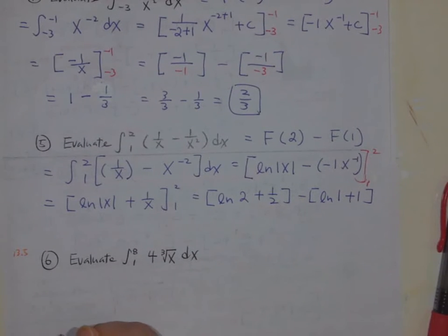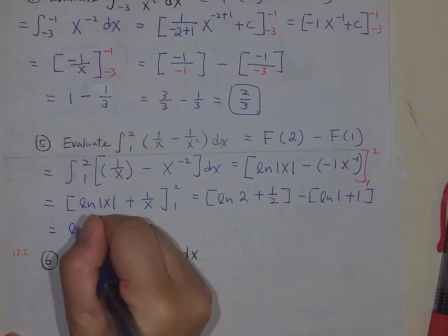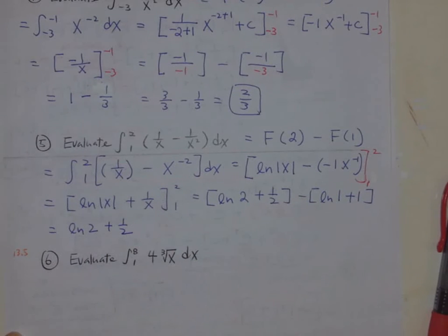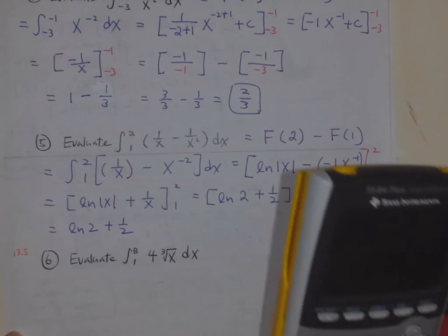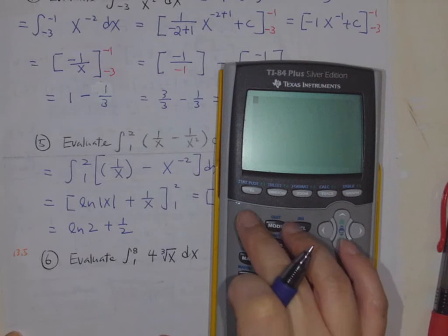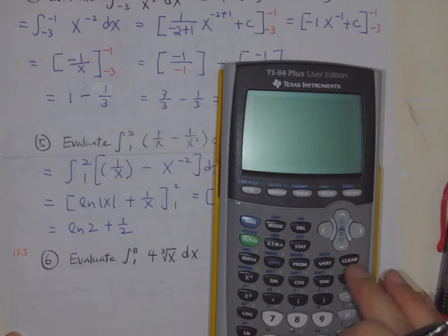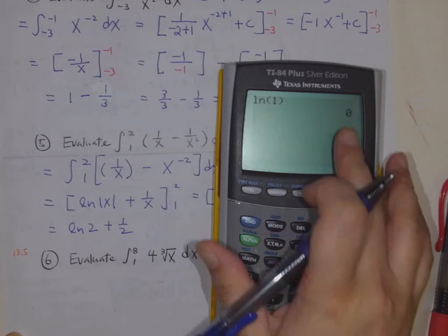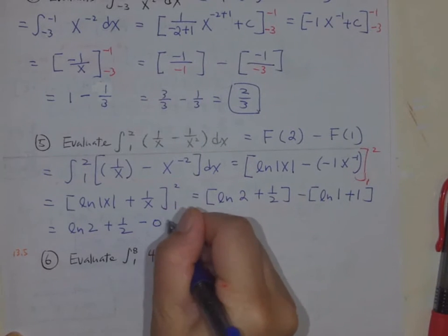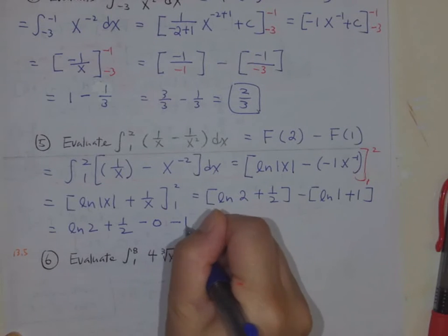Okay, what does that mean? I don't know what ln of 2 is, so I'm going to write it down, plus 1/2. But if you use the calculator, ln of 1 equals 0. So I can say minus 0 and then distribute the negative, so -1.